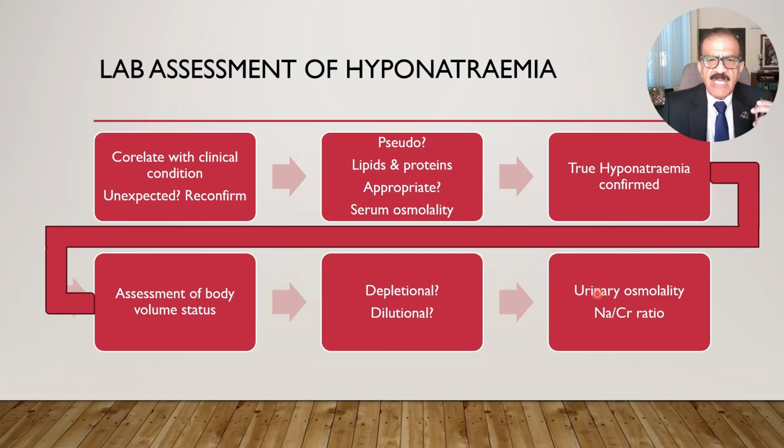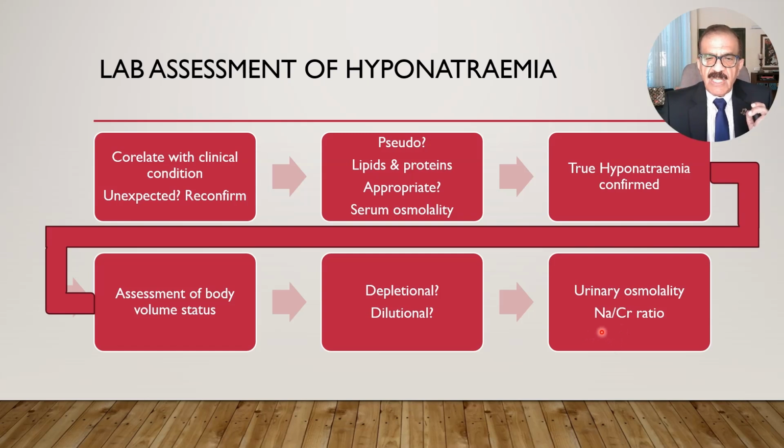As I said in my earlier slide, if there is actual sodium deficiency resulting in hyponatremia, and the kidneys are functioning normally, the kidneys will be trying to preserve sodium, and urinary sodium will be low. Since urinary sodium is subject to your overall status of hydration and the time of the day, for example, in the morning your urine is concentrated, in the afternoon urine may not be concentrated.